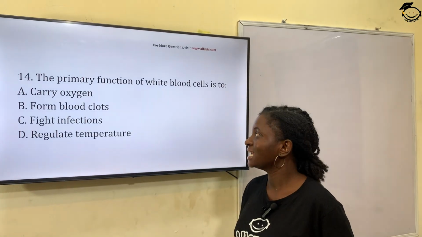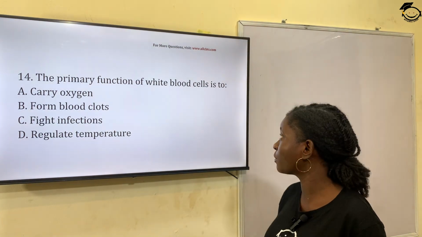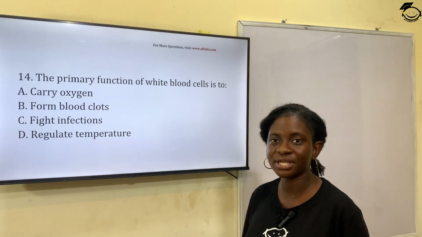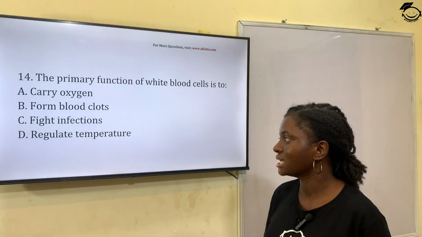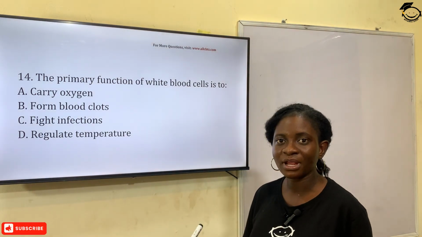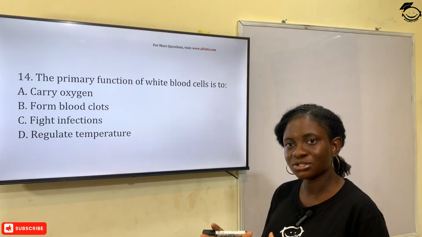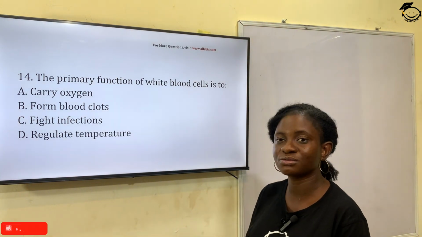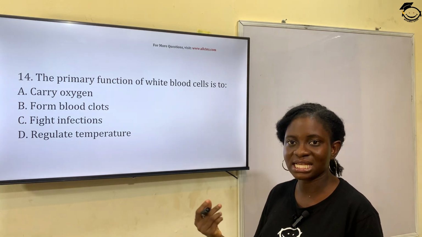Question 14. The primary function of white blood cells is to: A, carry oxygen; B, form blood clots; C, fight infections; and D, regulate temperature. White blood cells are part of the immune system, so they are triggered when there's an infection.